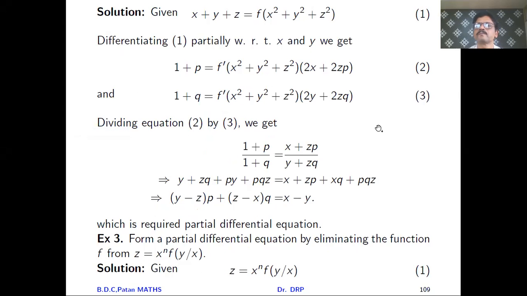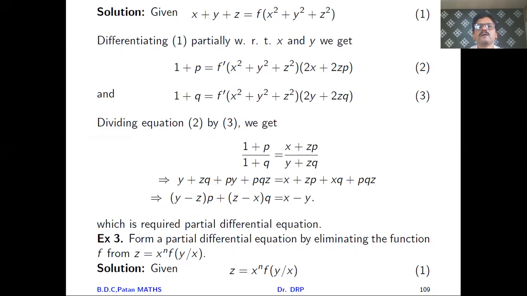Hello friends. In the last lecture, we discussed how to form a partial differential equation by the elimination of arbitrary function, and two examples based on it.